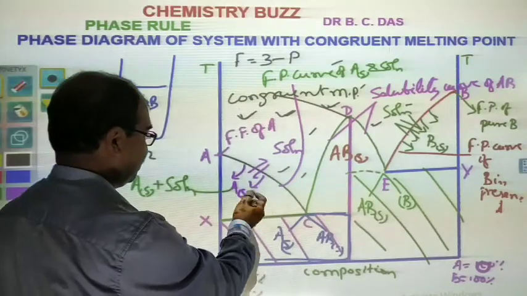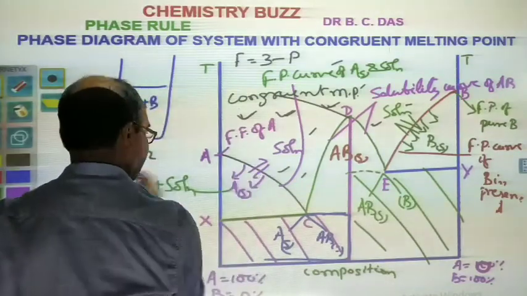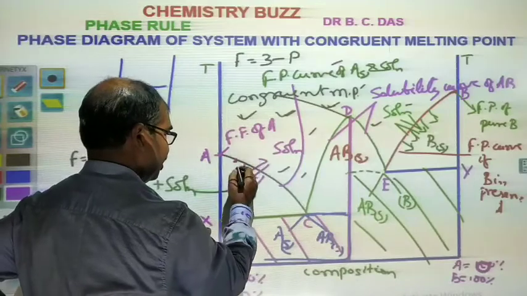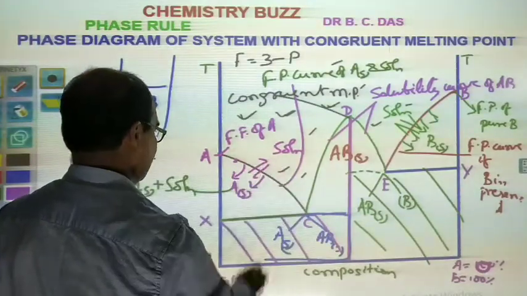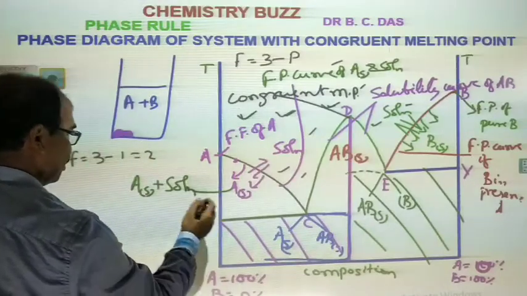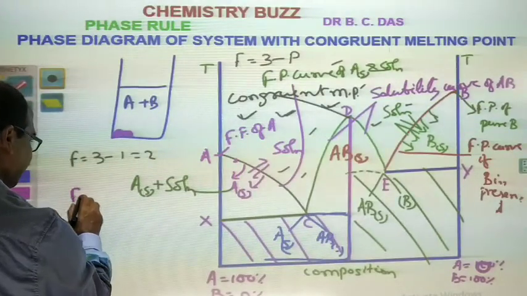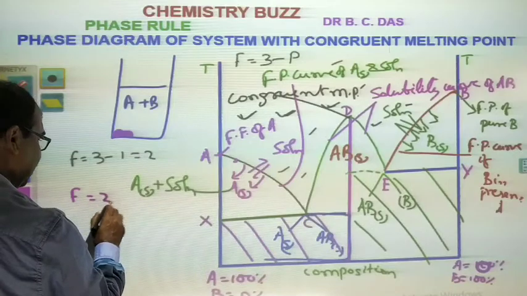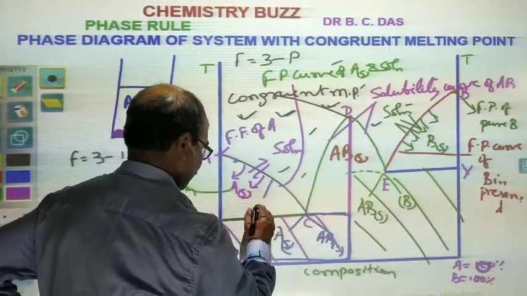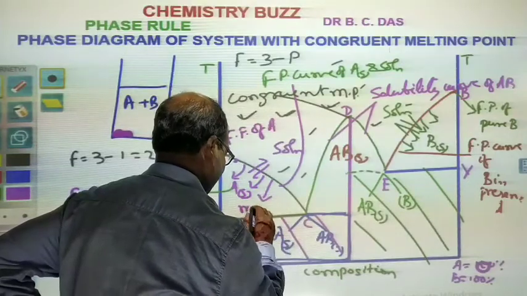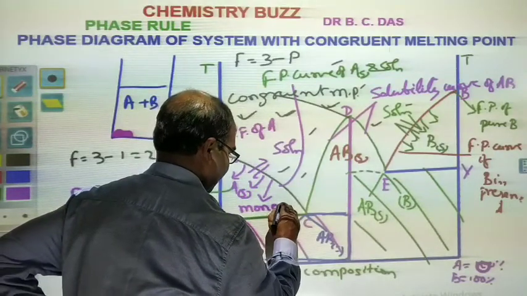If you consider a point on this curve, this curve represents the equilibrium of the solid A and the solution. So two phases are there, and the degree of freedom is equal to 3 minus 2, that is 1. So this curve is a monovariant.